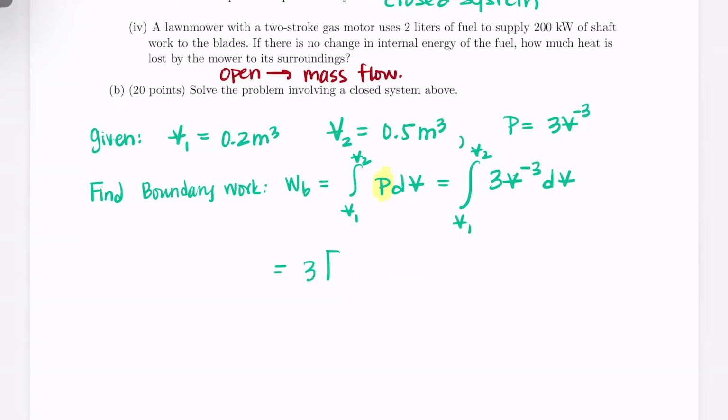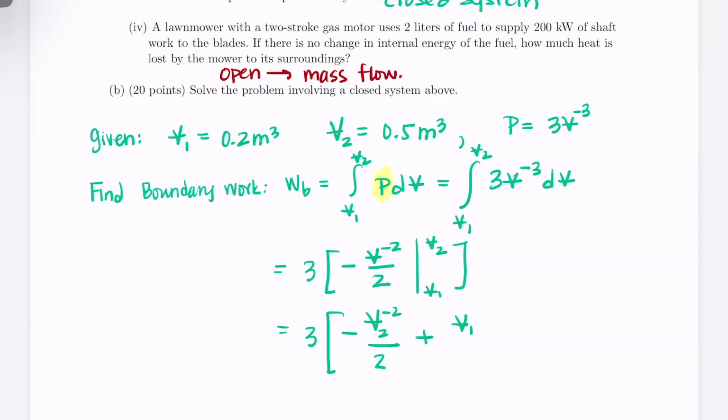What do we get for this integral? I'm going to pull the 3 out because it's a constant. Is it positive or negative? So we have minus V to the -2 over 2. Then we evaluate this between V1 and V2. So we have 3 times minus V2 to the -2 over 2 plus V1 to the -2 over 2.